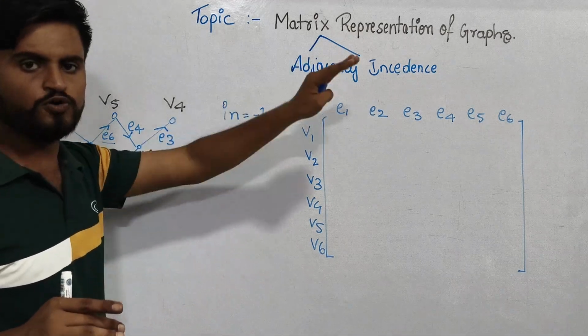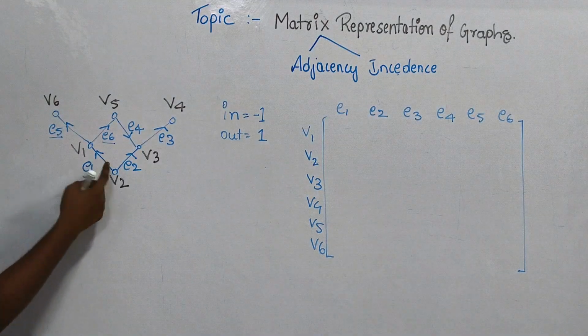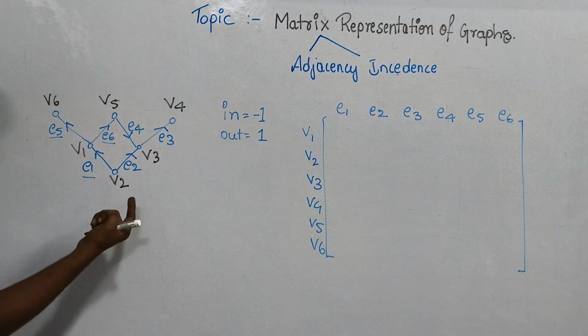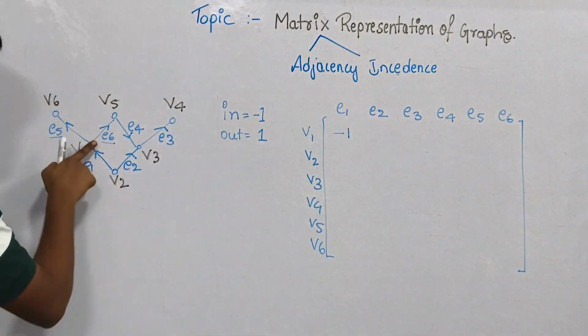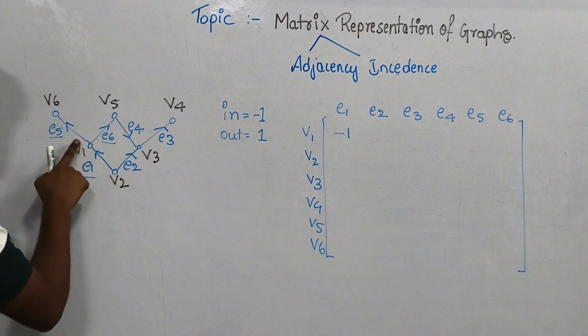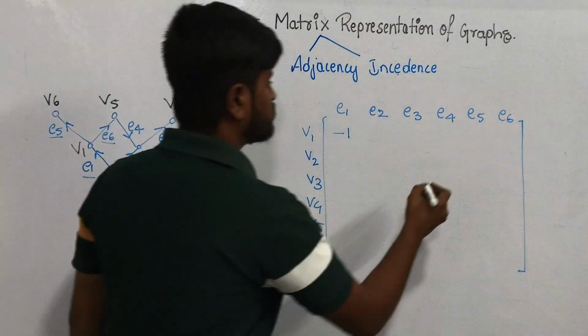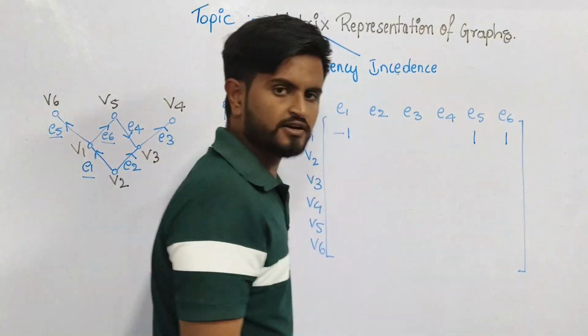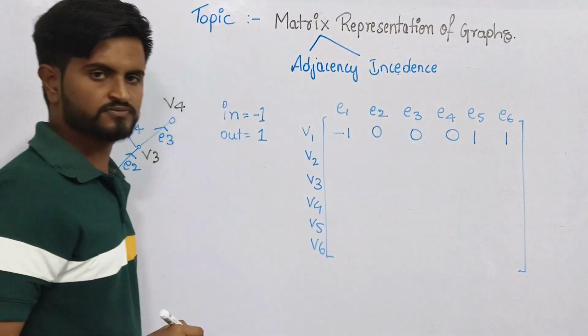When it is moving out from that vertex, you will give value as 1. So E1 is coming towards V1, so you will write minus 1. Next, E6 is going out from V1, E5 is also going out from V1. So E5 and E6 will get 1 as the value and all others will be 0.